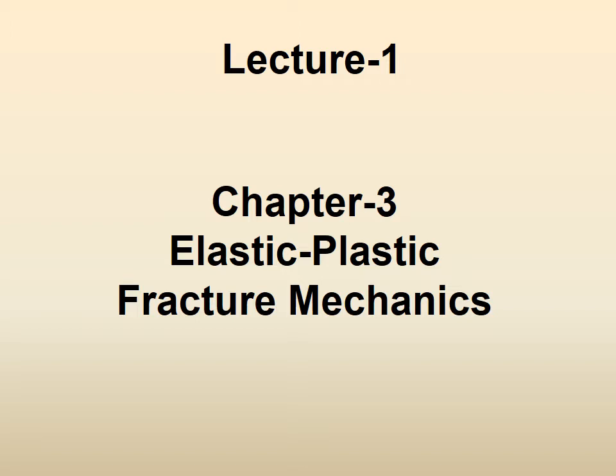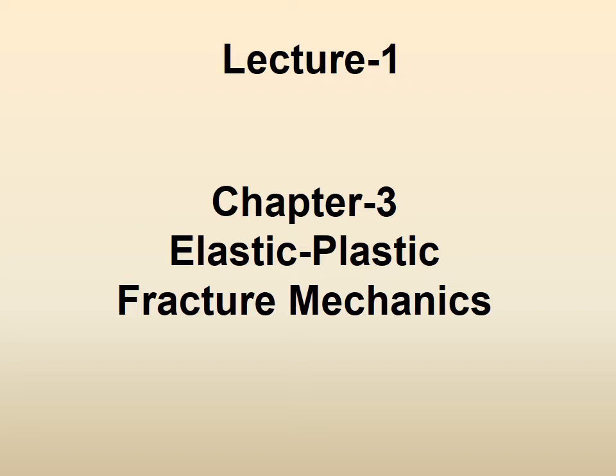The previous chapter was linear elastic fracture mechanics, and as I told you at the end of that chapter, even that was a major new thing for all of you, because you went through the real development of fracture mechanics from English theory and other things for brittle materials.